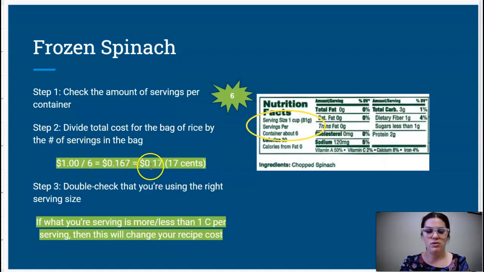We'll round that to 0.17, or 17 cents. Again, not 1 cent, it's 17 cents. So just to reiterate, this 17 cents represents this 1 cup serving size. Okay, and then finally, you're going to decide whether your recipe is going to use more, less, or equal to that 1 cup serving size.